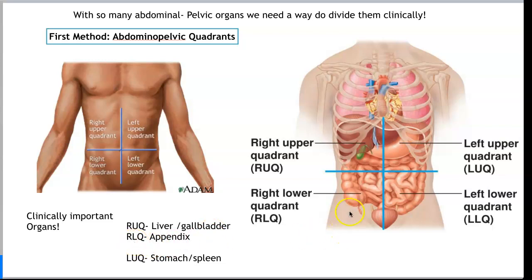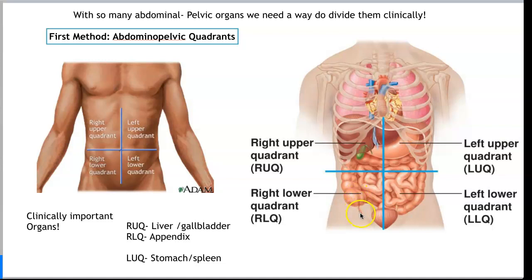Right lower quadrant. Patient comes in with severe right lower quadrant pain. Now we've got lots of intestines and large intestines down here, but the big guy that you've got to think about clinically is the appendix.